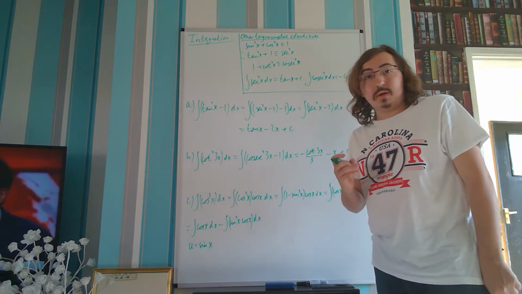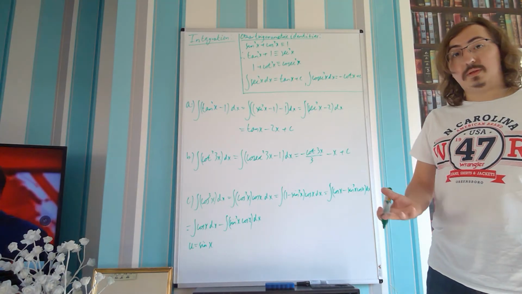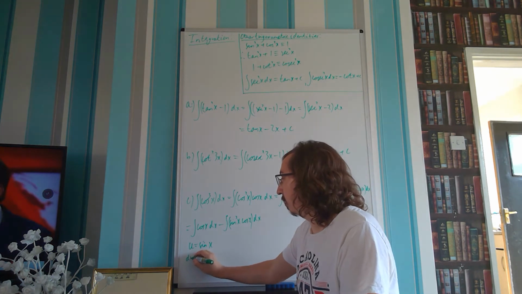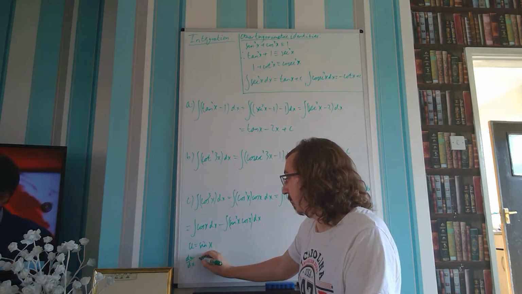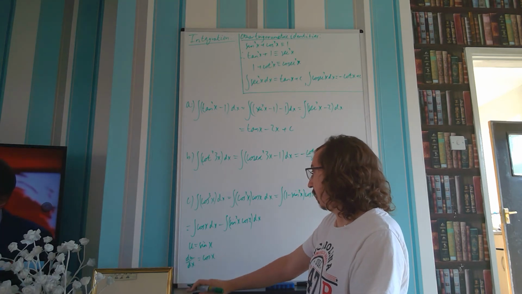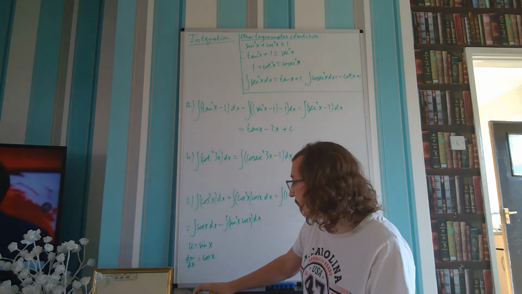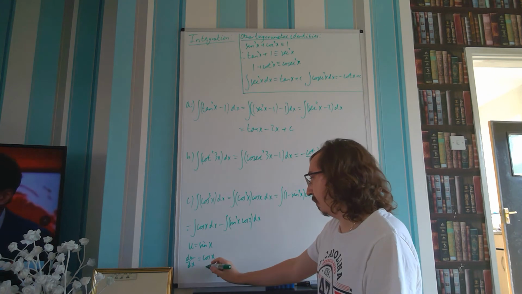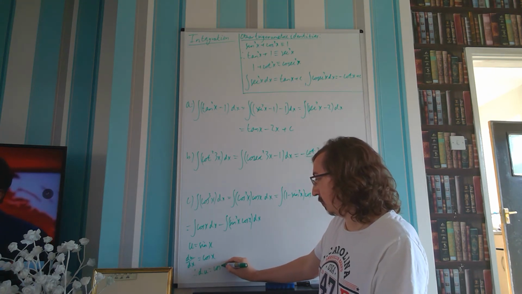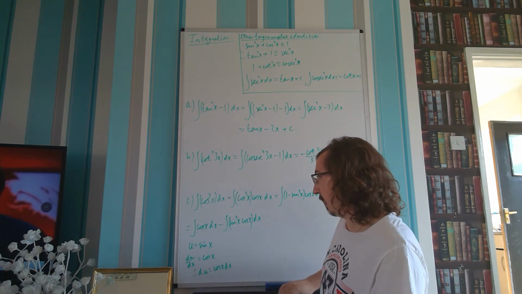Now, whenever we use integration by substitution, we need to be able to differentiate our expression. So we need to get an expression for du by dx. Well, the differential of sine x is cos x, and therefore I can say that du is equal to cos x dx.